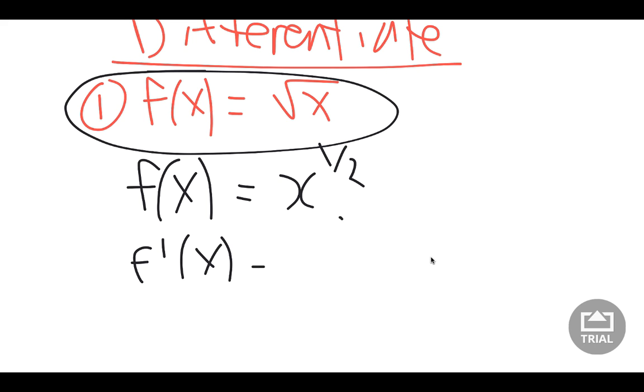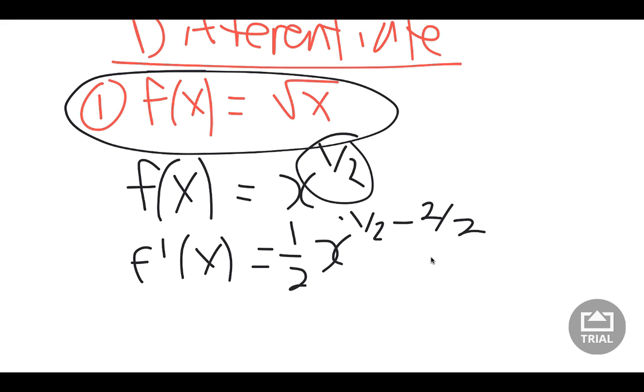So I write f prime of x. Bring that to the front. 1 over 2. And then it's x to the 1 over 2 minus 2 over 2. Why did I minus 2 over 2? Because it's 1/2 minus 1. And that's going to end up being 1 over 2 x to the negative 1 over 2.